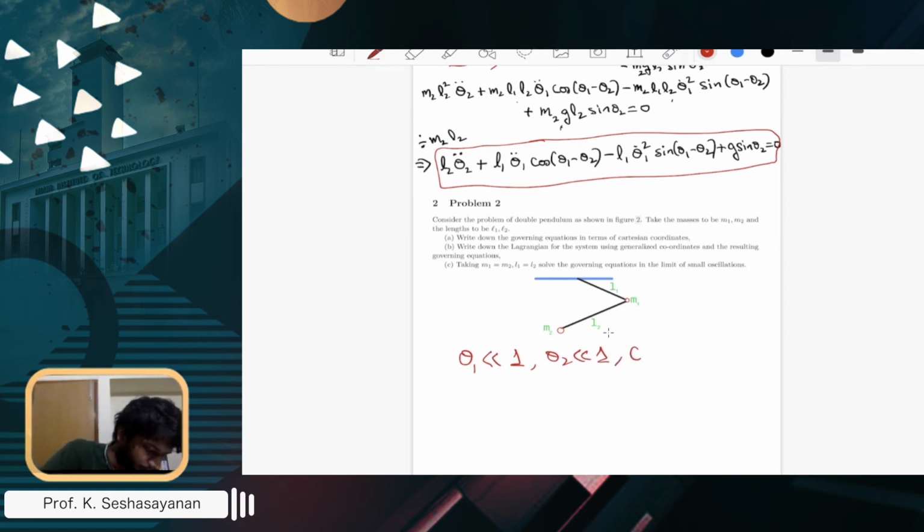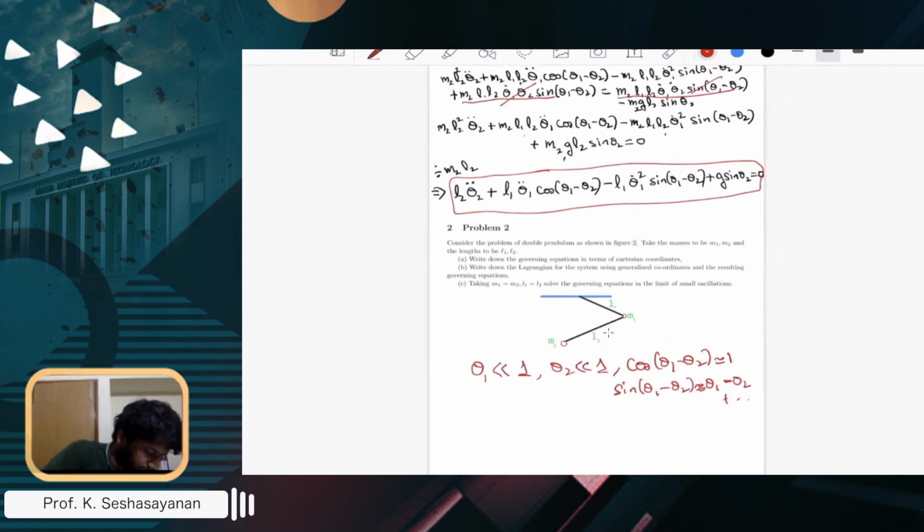So we can make some approximations saying that cos of theta 1 minus theta 2 is almost 1, sine of theta 1 minus theta 2 is approximately theta 1 minus theta 2, sine theta 1 is approximately theta 1, sine theta 2 is approximately theta 2, and cos theta 1 is approximately 1, cos theta 2 is approximately 1.